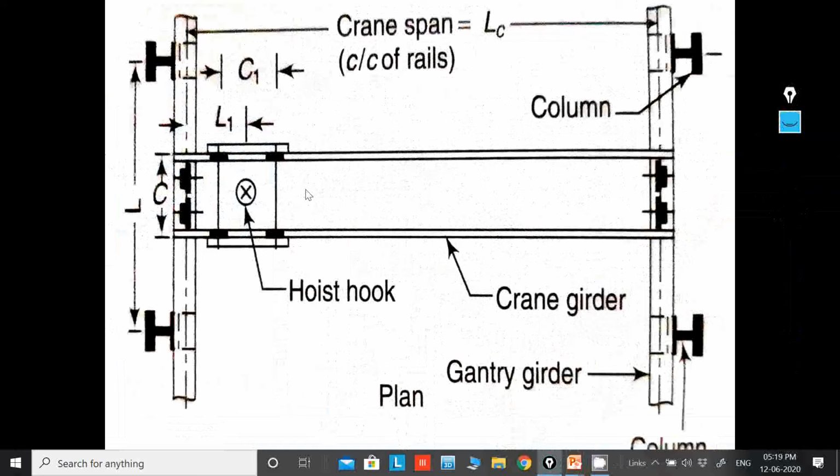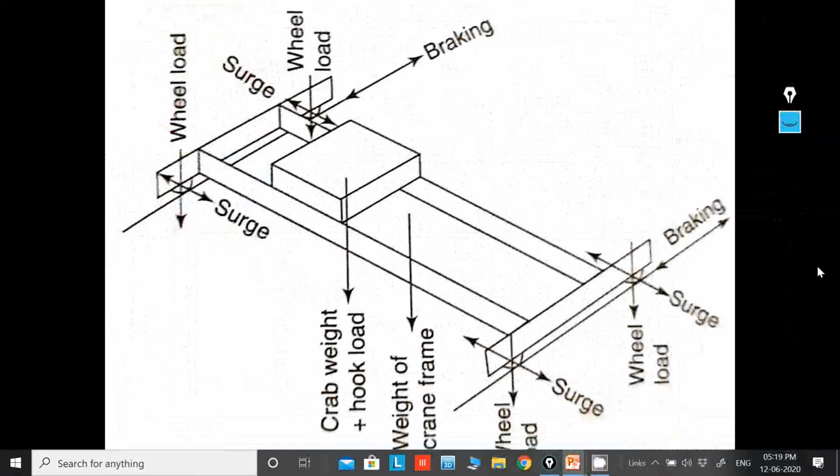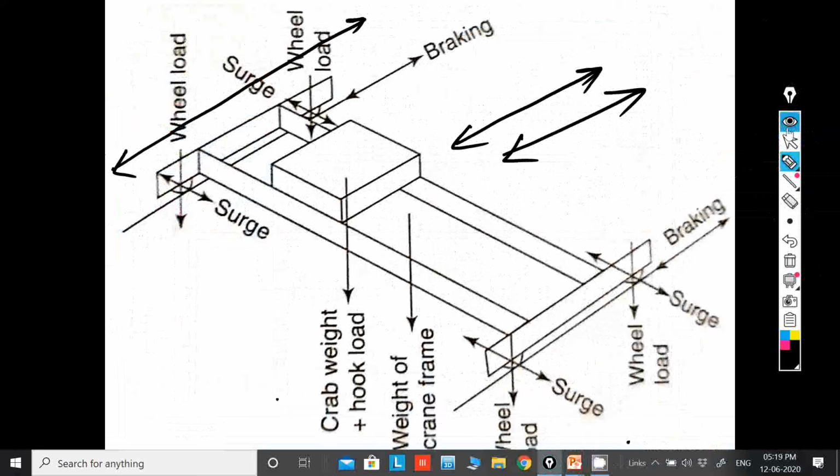Now when the crane is moving parallel to the gantry girder, then it may stop somewhere. When there is a stopping, we have to apply brakes, and when brakes are applied to stop the crane, then what will happen?